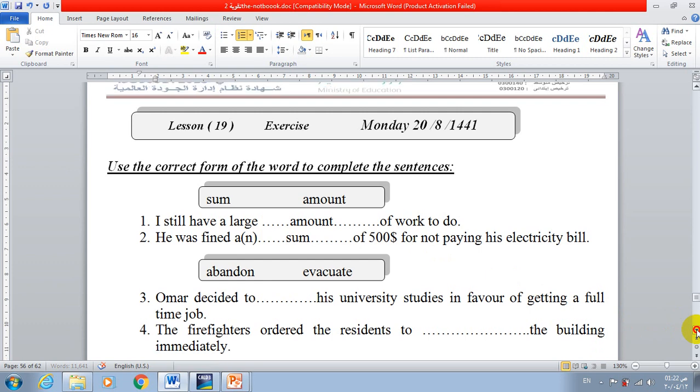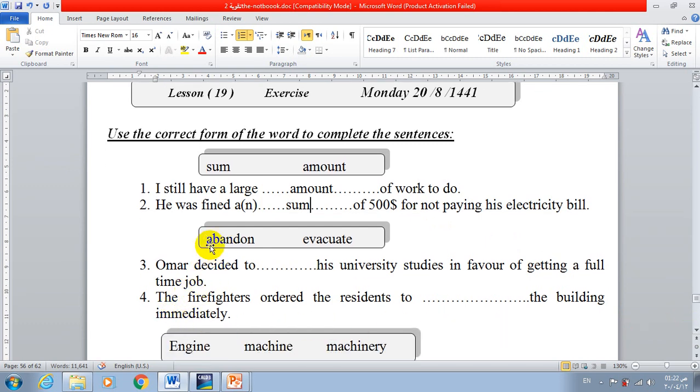Okay, let's go to number 3 and 4. The words abandon and evacuate. Number 3, Omar decided to spaces his university studies in favor of getting a full-time job. And number 4, the firefighters ordered the residents to spaces the building immediately. The word abandon means to leave a place or to leave things or a person forever.